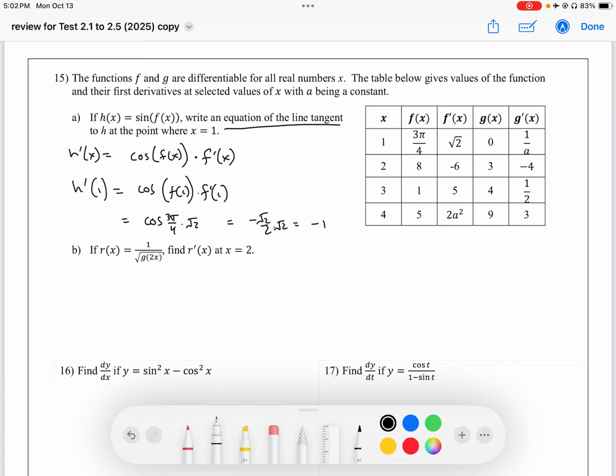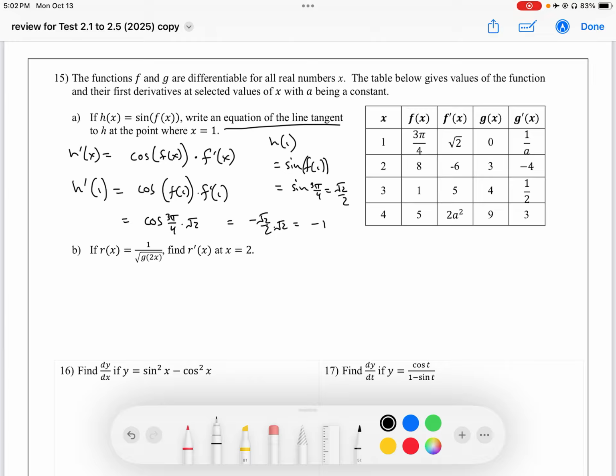So if the slope is -1, we also need to find h of 1 to have a y value. And what is h of 1? Well, h of 1 would be sine of f of 1. And f of 1, again, was 3 pi fourths. So that would be sine of 3 pi fourths, which is positive root 2 over 2. So there's our point.